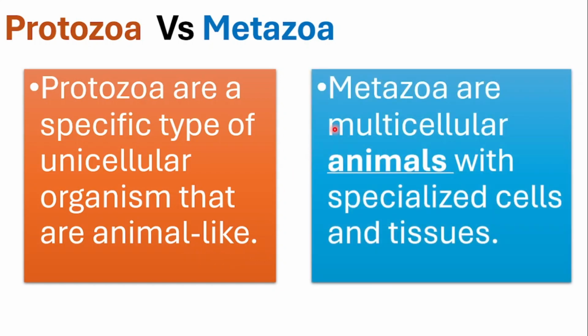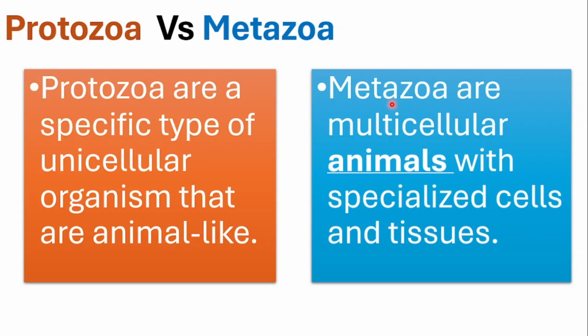Next, we have metazoa. So, within the big, broad group of multicellular organisms, there are subgroups or subsets. One specific subgroup is metazoa. Only animals fall into this category. So if you're an animal, then you belong to metazoa.